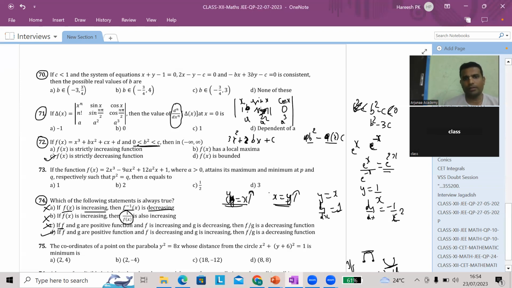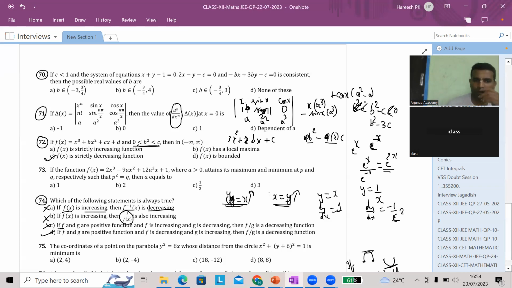Find out the determinant. x into, how much do you get? x into a cube, minus sin x into minus a cube, plus cos x into a cube, cos x into a square minus a square.